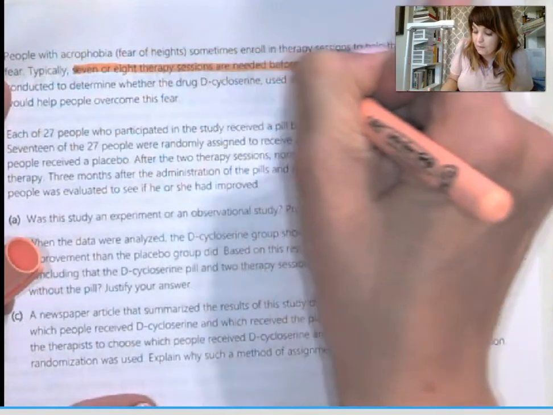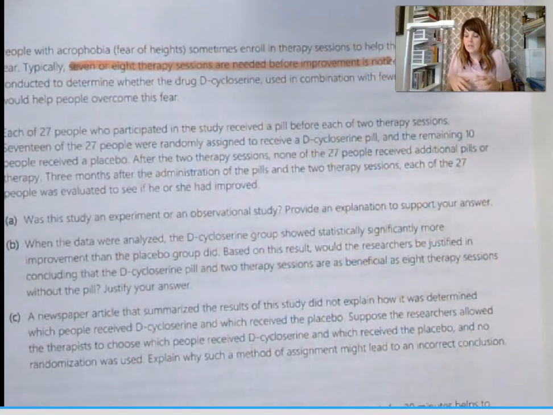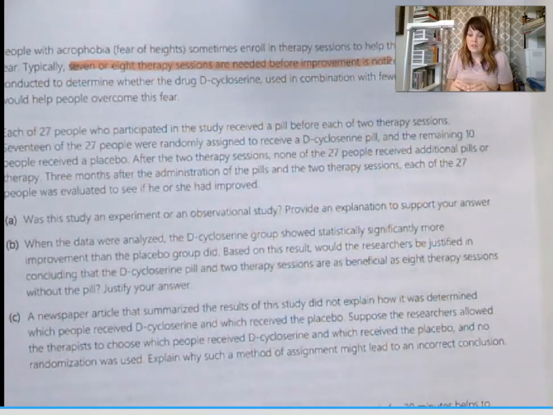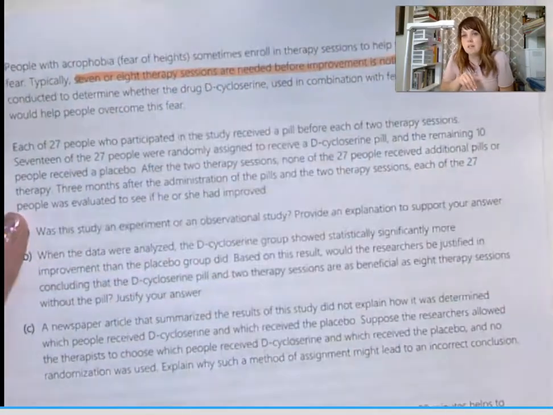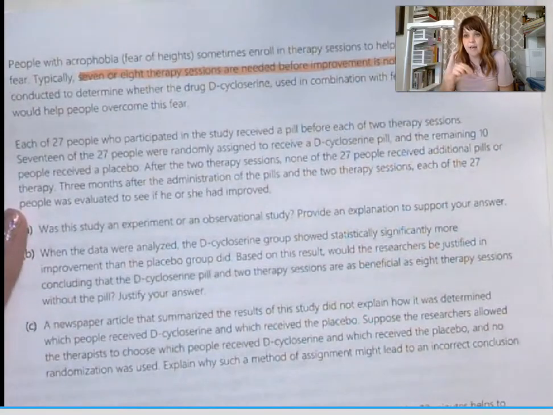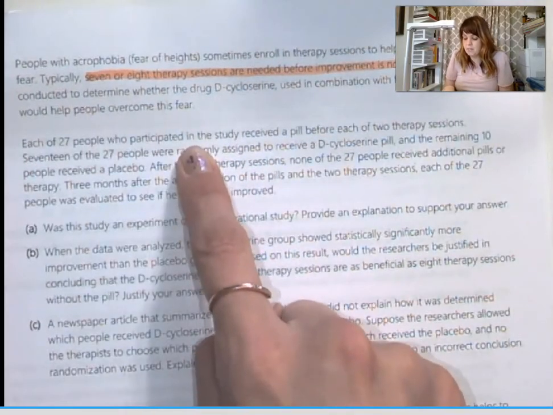A study was conducted to determine whether the drug D-cycloserine used in combination with fewer therapy sessions would help overcome this fear. So they're saying, hey, this usually takes 7 or 8 sessions. Let's see if we can cut it down by giving them a drug and only doing a couple of therapy sessions. So we have 27 people that are participating in the study.